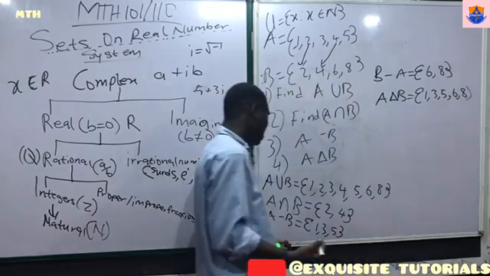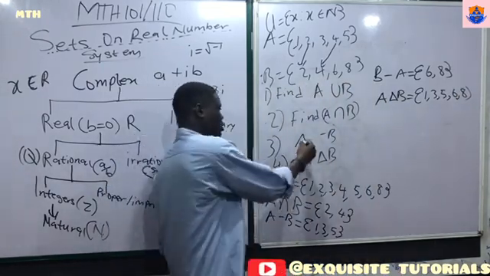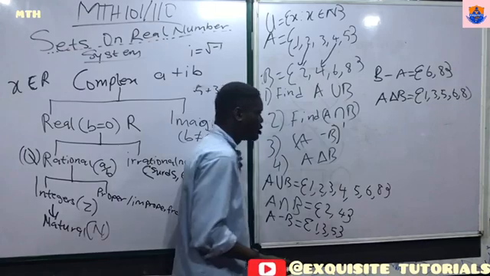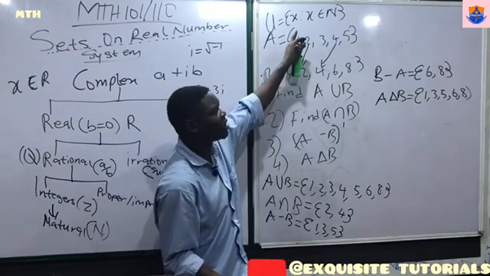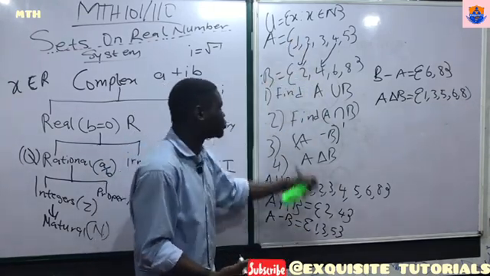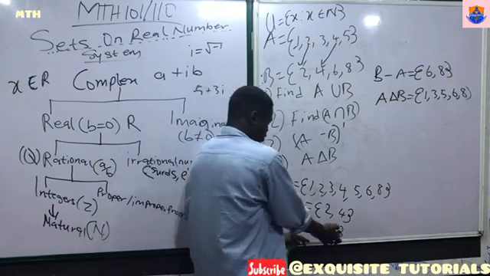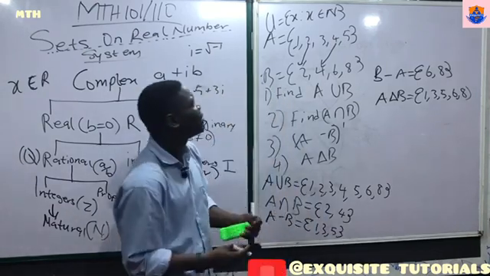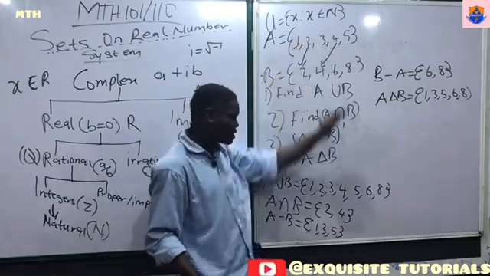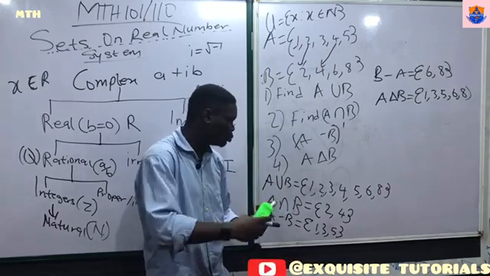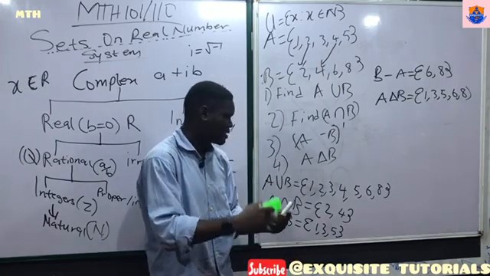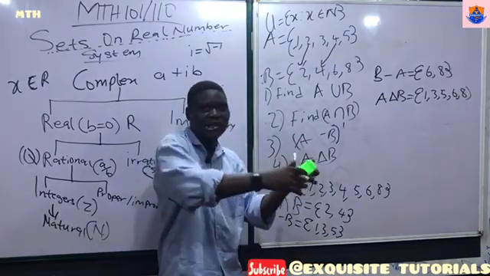The question could have been, what would be (A minus B) prime? Meaning that we will now be working with the universal set. We have gotten our A minus B as this. What are those elements that are in the universal set that are not here? They include 2, 4, 6, 7, 8, 9, 10, and so on.